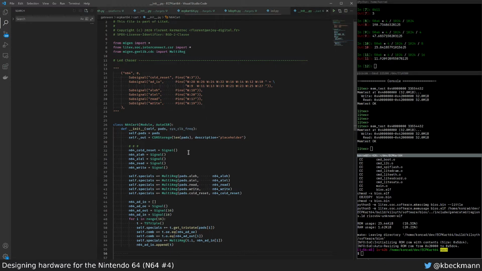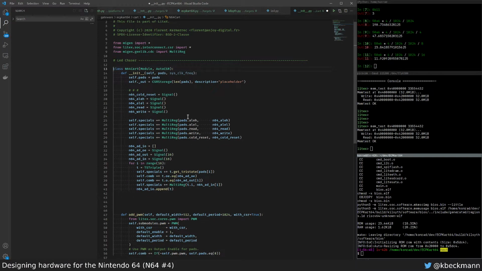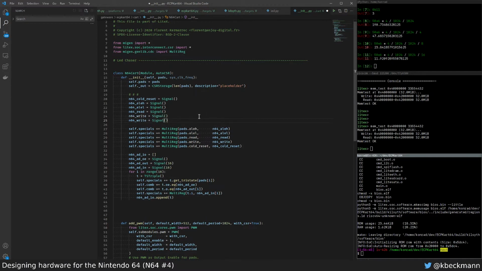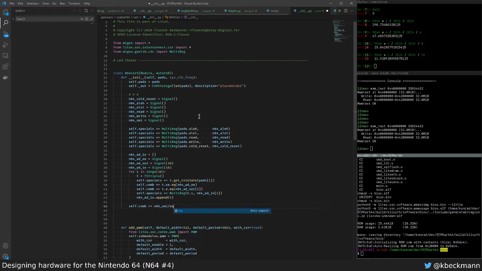Now we can go back here. And I can delete this because, all right, we need the NMI, and that is actually an output. So I guess we can do it like so, and then just do... yeah.